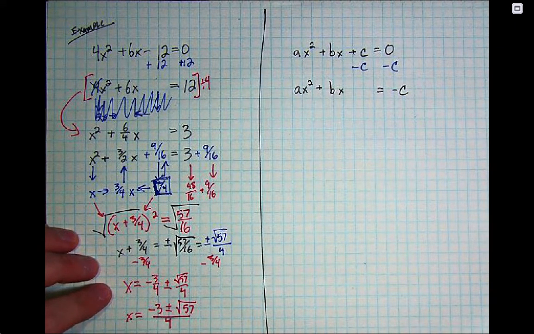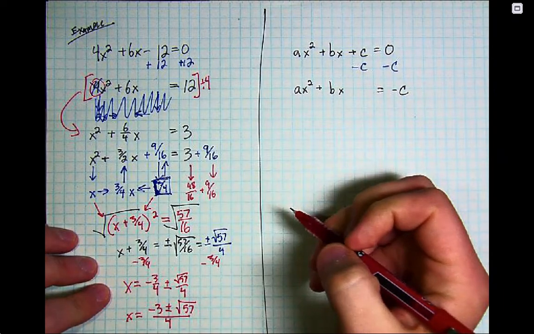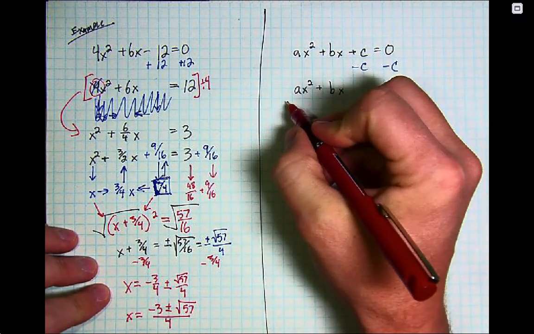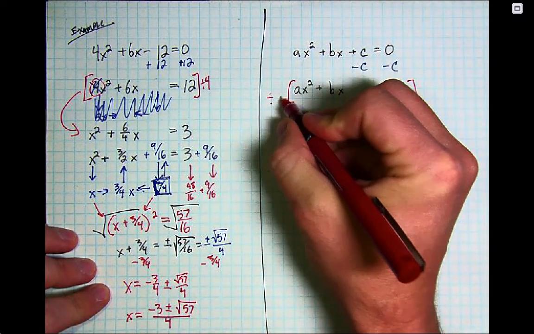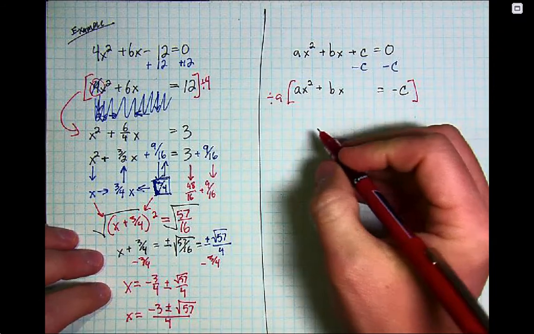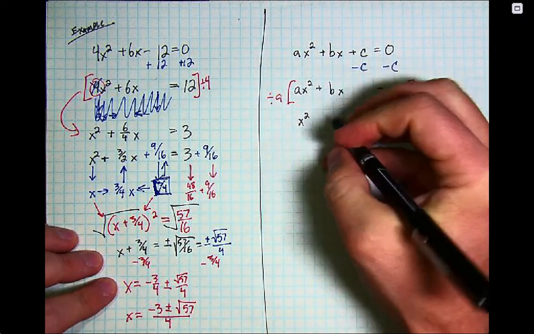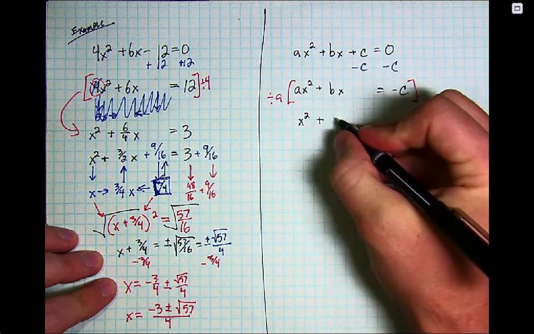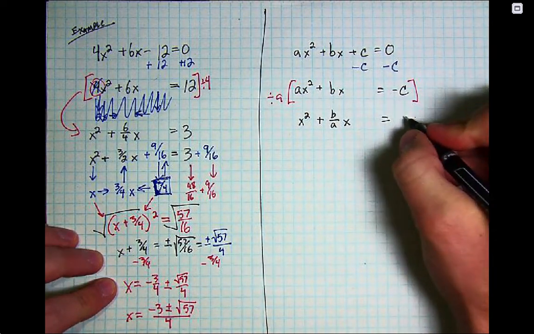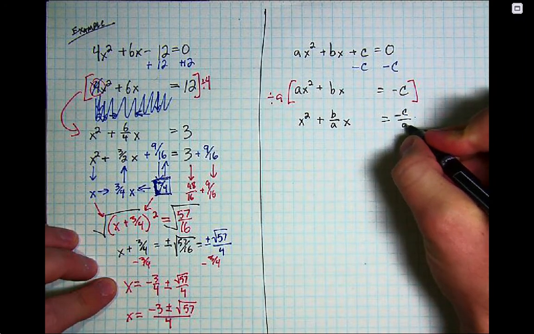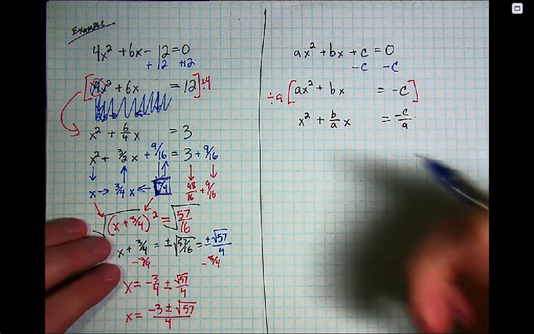Then, notice what I did next was I divided everything by that a value. So I'm going to divide this whole thing by a, and that's going to give me just x squared plus this divided by a equals this divided by a. Pretty weird. Now I'm going to do my unsquare.